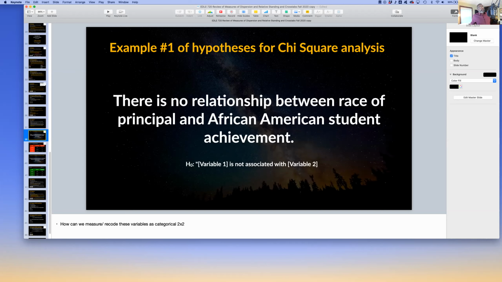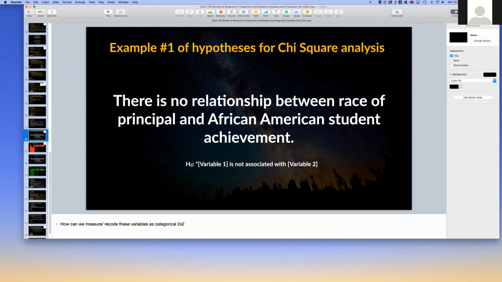But if the test comes back to tell you that there is a relationship between those two categorical variables that you're interested in, then you reject the null hypothesis and recognize that there is a relationship. If it is not statistically significant, then you're going to basically say you fail to reject the null hypothesis and you have to hold that null hypothesis into place.